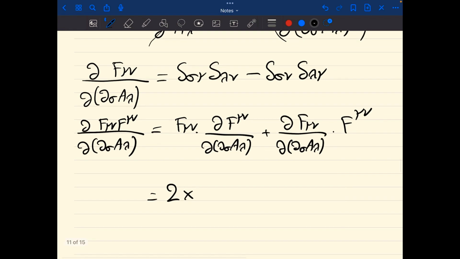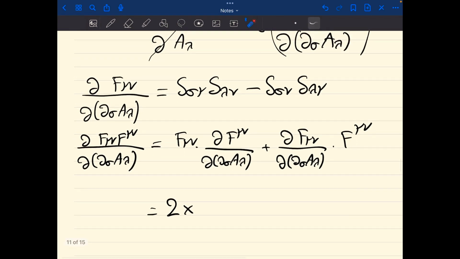We can replace this expression with that, and I will do the substitution of the delta directly. So the first term is delta sigma mu, so we have F sigma lambda here, and the second term is minus, the same but with mu and nu inverted, so sigma and lambda inverted, so F lambda sigma.